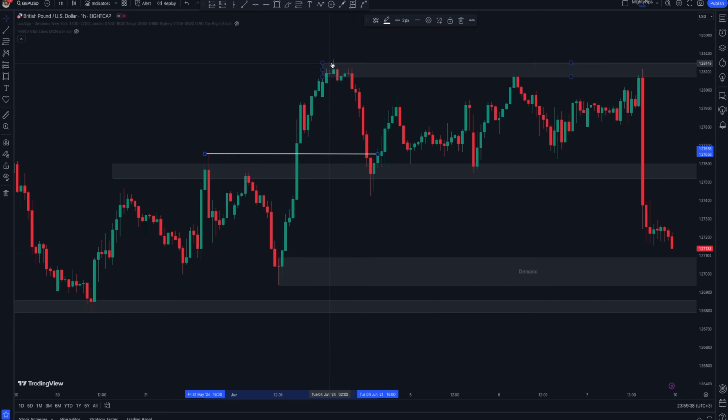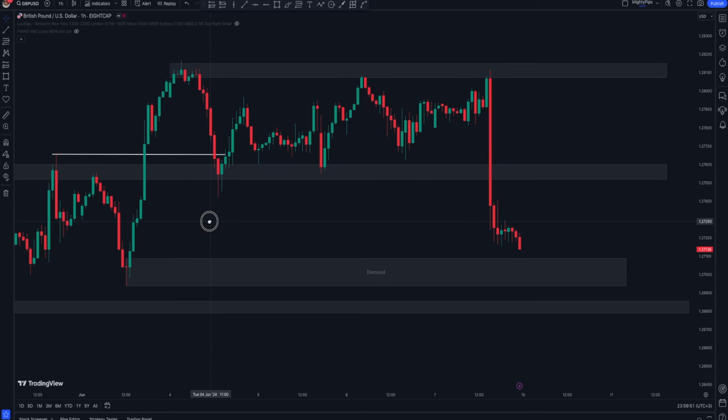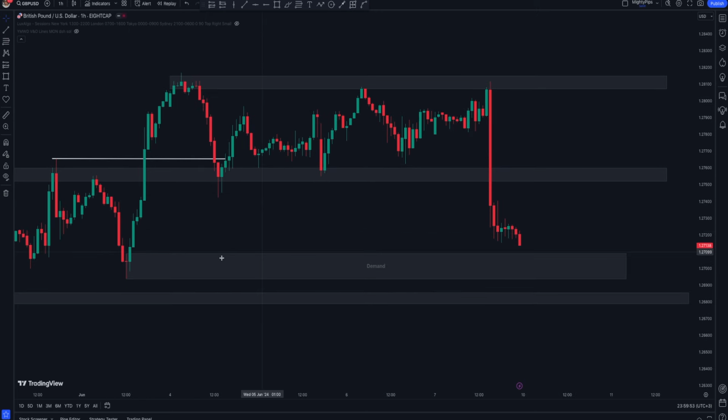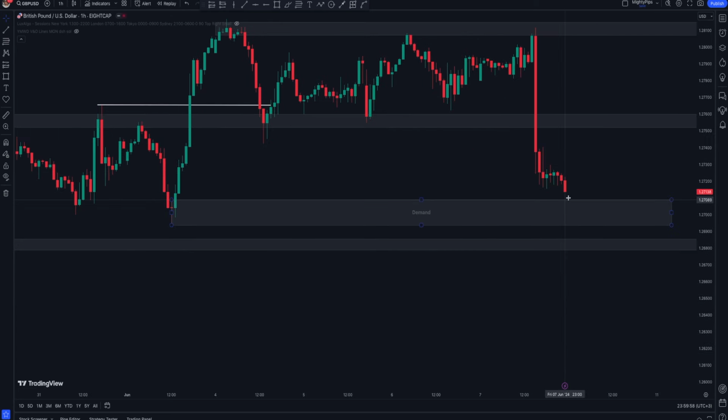Market went and cleared this high, and created this demand. So market usually pulls back down to demand to pick up more orders before it goes up, but that has not happened. So there are some other demand zones here which were filled, but this one was not filled. So the market will gravitate towards that demand zone to pick up more orders, and that's what the market is doing right now. Okay, market is pushing.